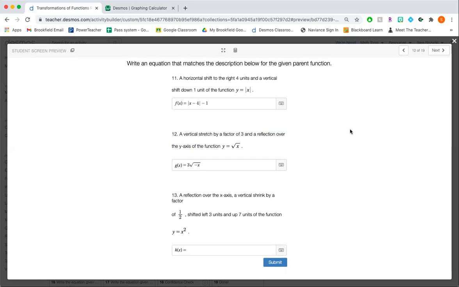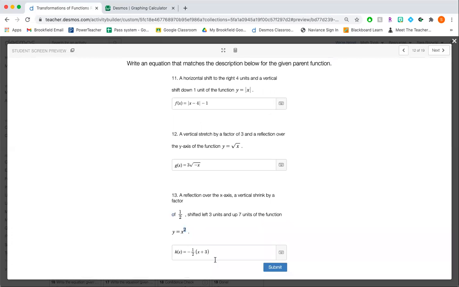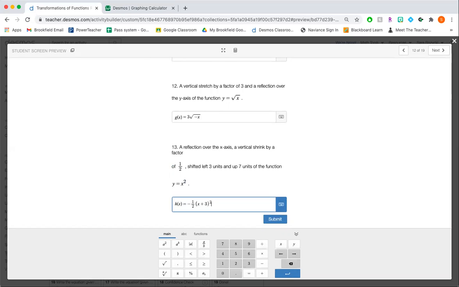For the last one, there's a couple of different transformations. Reflection over the x-axis means negative on the outside. Vertical shrink by a factor of 1/2 means 1/2 on the outside. Shifted left 3 units is going to be x plus 3. And this is of the squared function, so I'm going to raise this to the second power.